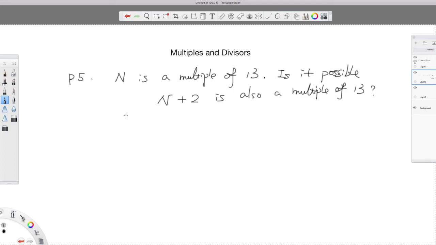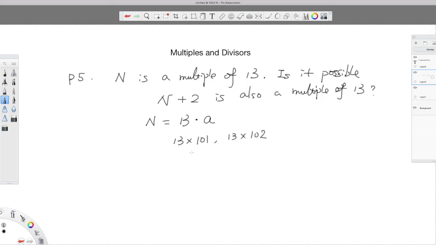Because if n is a multiple of 13, you can write n as 13 times, let's say, a. What is the next multiple of 13? You know how to count those multiples of 13, right? It's 13 times, let's say, 101. The next one, of course, is 13 times 102.